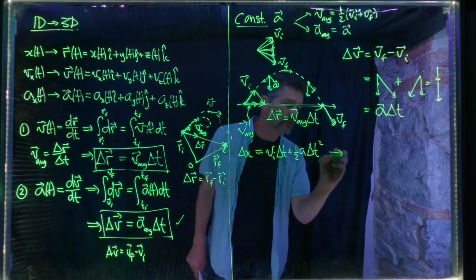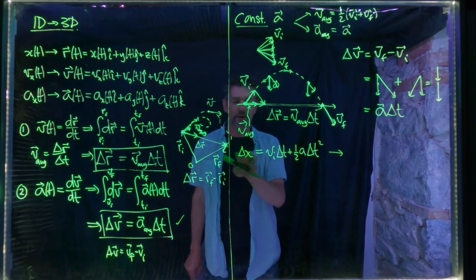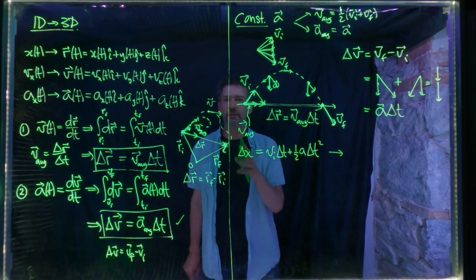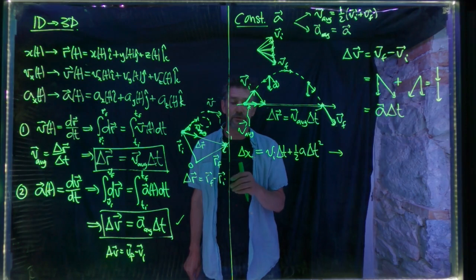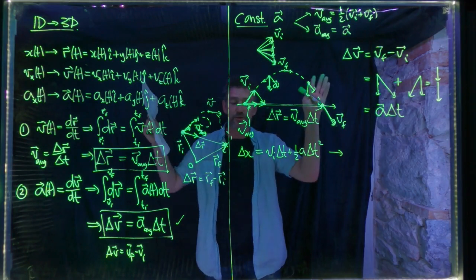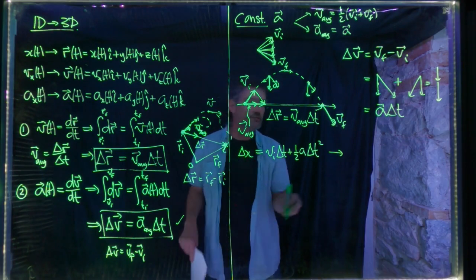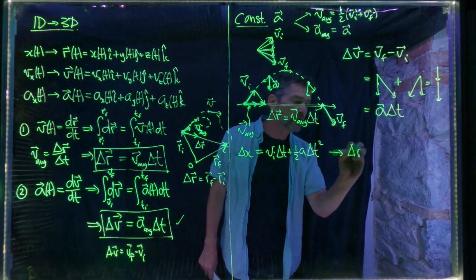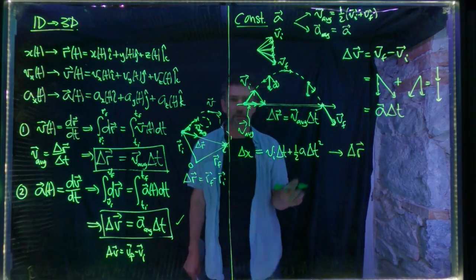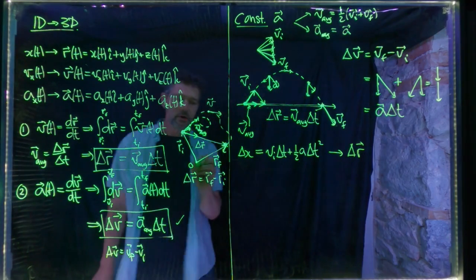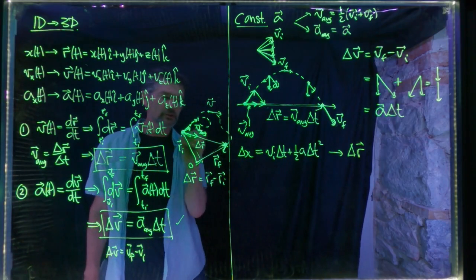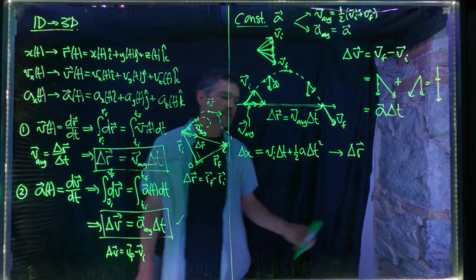Well, if you just think a little bit about it, delta x is the displacement in the x direction. But if we're moving in general three-dimensional space, there will be a displacement in the x direction, the y direction, and the z direction. And so really delta x gets replaced with delta r, where delta r is a full three-dimensional vector. It's here r final minus r initial. It's that vector in three-dimensional space.